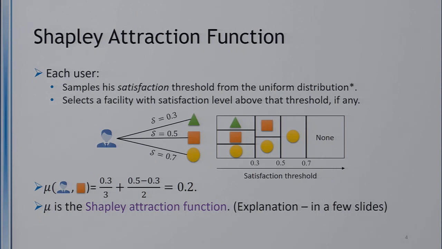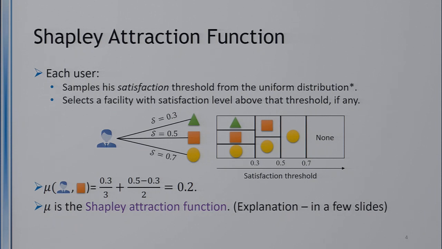If it is between 0.3 and 0.5, then only the orange and the yellow facilities satisfy him. And if it is between 0.5 and 0.7, the yellow facility will satisfy him. Above that, none of these facilities will satisfy him, and therefore he would skip all offers of the players.